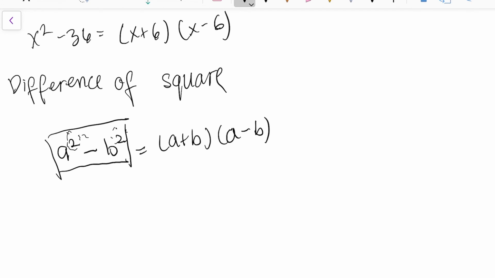We can leave x squared alone because it's already being raised to the second power. And the minus 36, on the other hand, we can rewrite as 6 raised to the second power, because 6 times 6 is 36. So now we can follow the difference of squares formula to factor it, and we can rewrite it as x plus 6 and x minus 6.